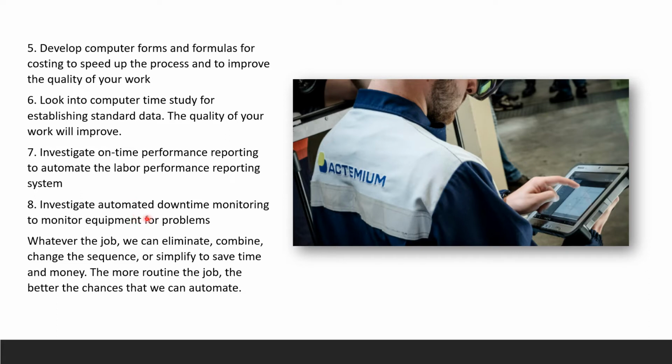Investigate automated downtime monitoring to monitor equipment for problems. Whatever job you're doing, if you can eliminate, combine, change the sequence, or simplify to save time and money, do it. The more you save time, the more you save money. The more routine the job, the better the chances that we can automate.